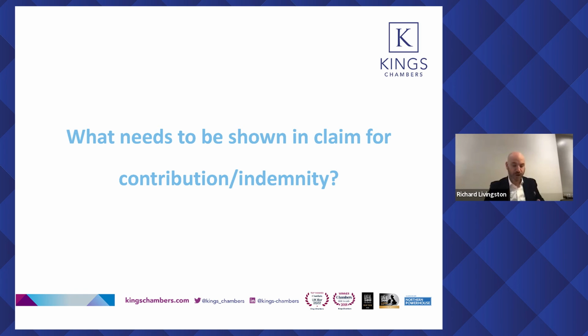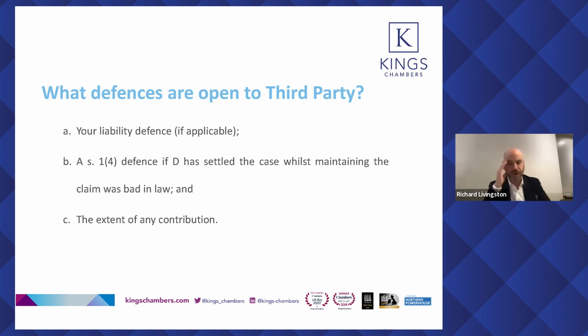So in contribution proceedings, the court therefore proceeds on the assumption that the underlying claim was made out if it discloses a reasonable cause of action, such that the defendant in the main proceedings would have been found liable.